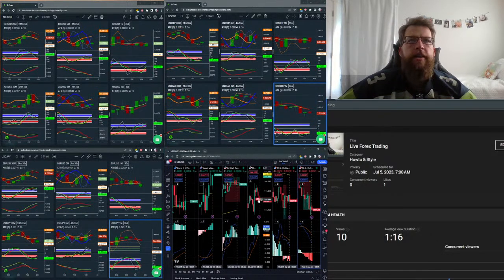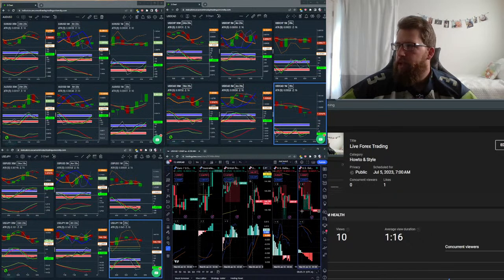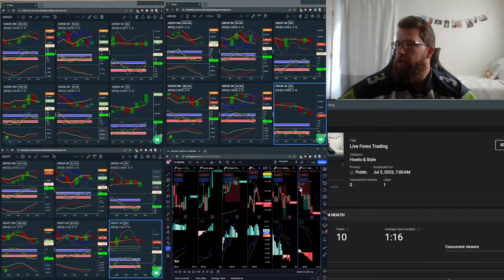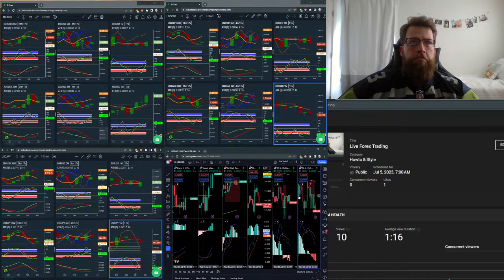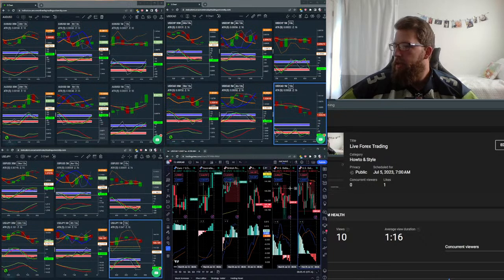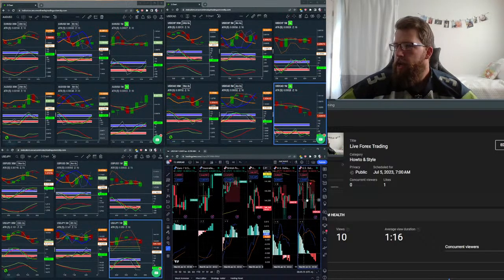I'm not necessarily saying that one way is better than the other, as far as should you use an ATR or should you just look at the chart and put it at the place that just makes sense as far as where you're putting your stop? I think in the long run, your results are going to be basically the same in the end. But yeah, that one would have been good.